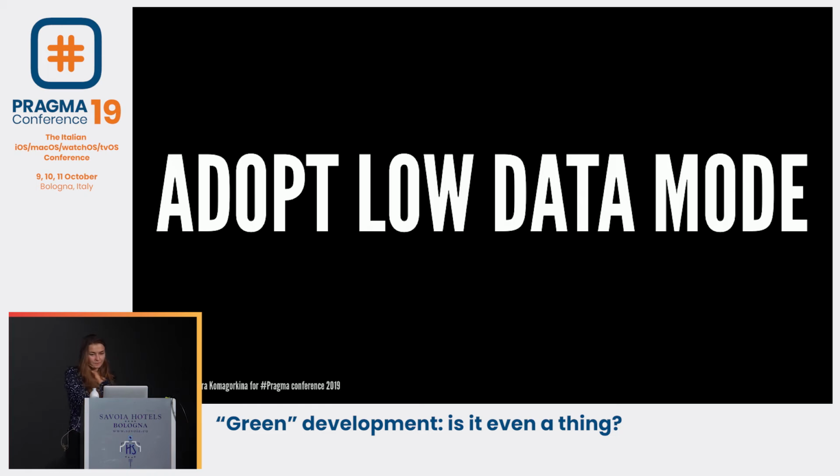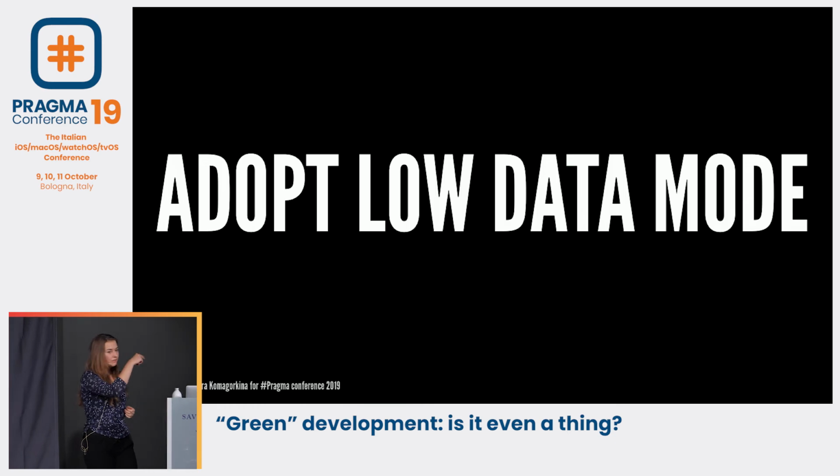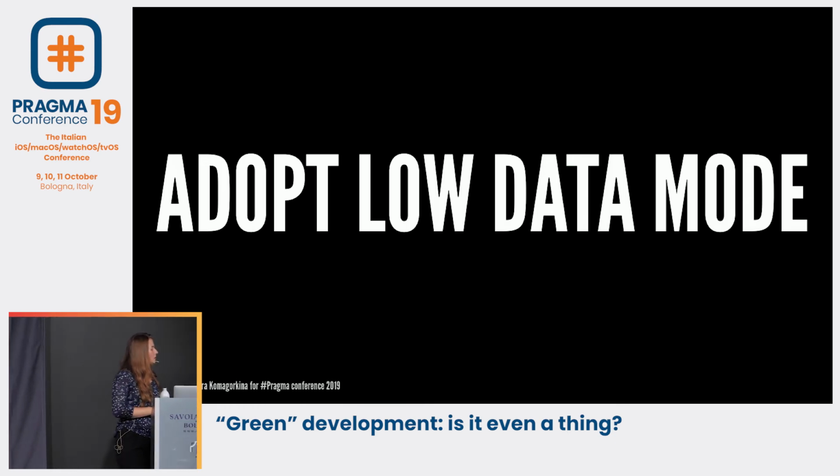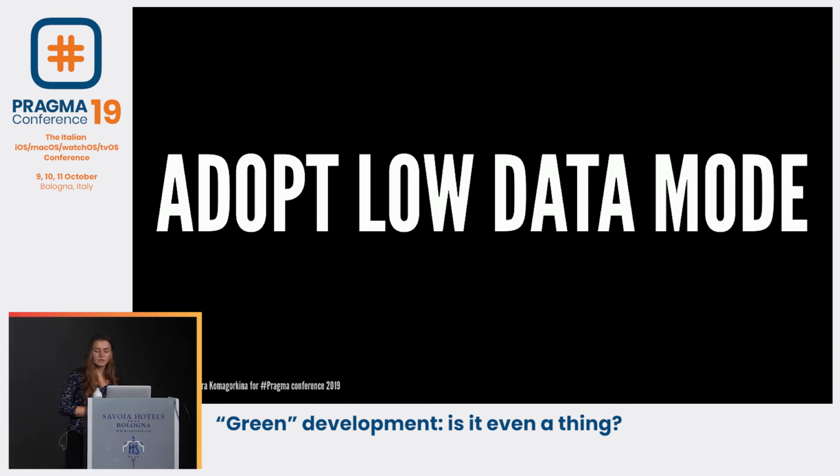For that particular thing, there's a really good article from Donny Wals about it. I will leave a link at the end of the presentation so you can have a look. He explains how you can adapt to Low Data Mode perfectly.